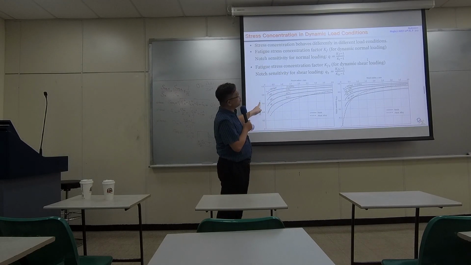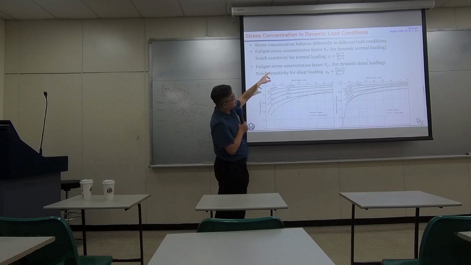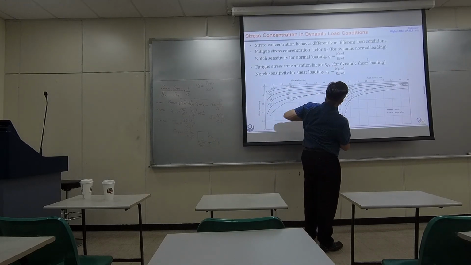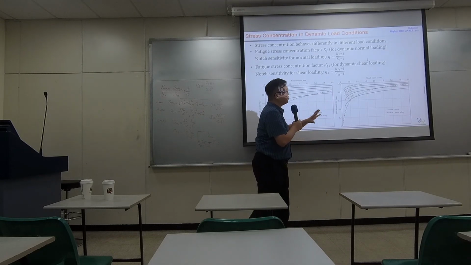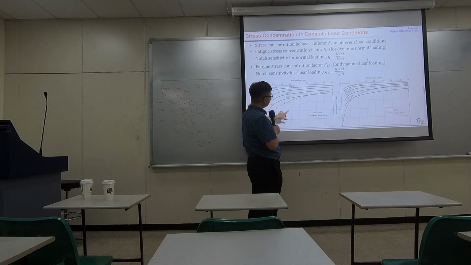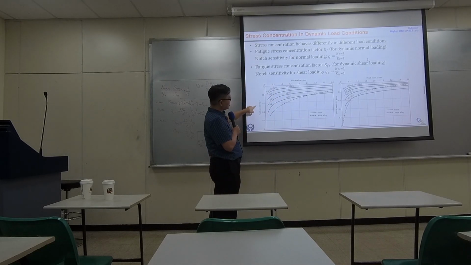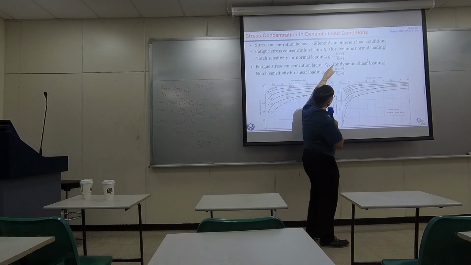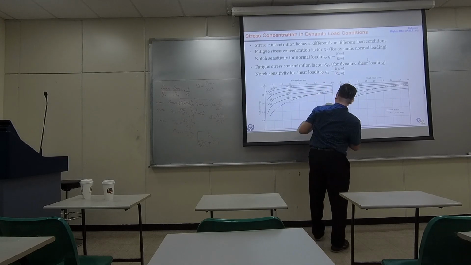And Q1 is for the ratio between static K and dynamic K. So they behave slightly differently. Now let's just focus on one figure. This is the notch sensitivity for normal loading, normal stress, talking about the relationship between static and dynamic.